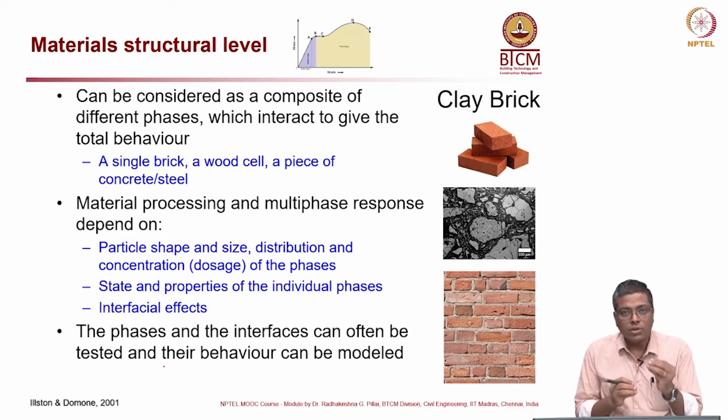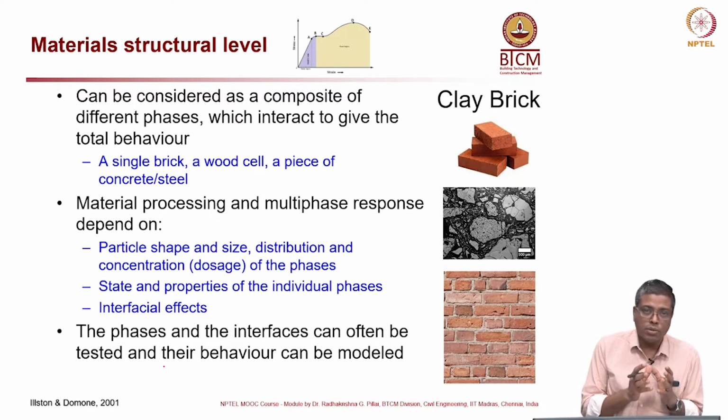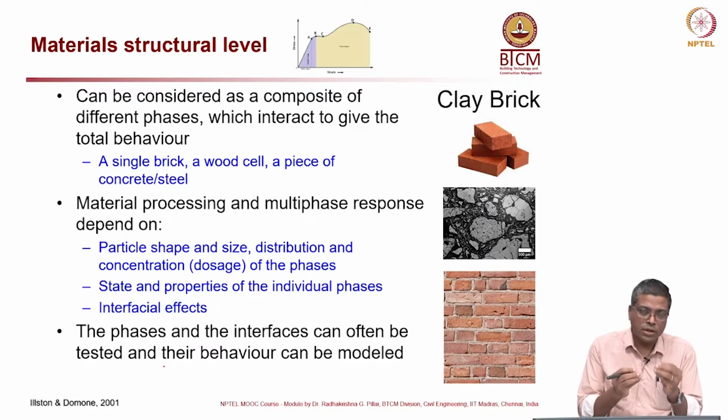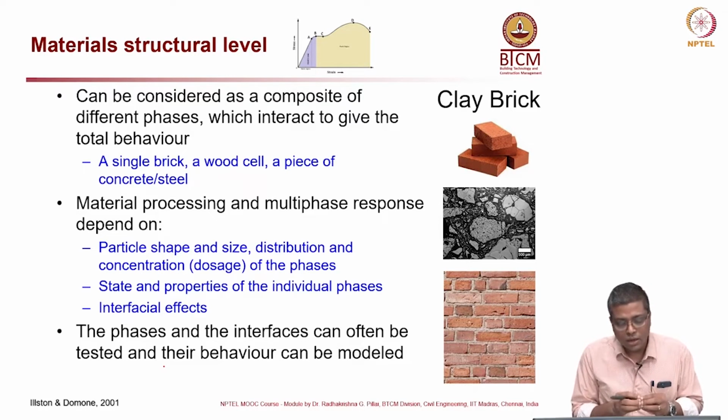When they burn the clay, like you heat it up, a lot of chemical reactions happen, and in the final product, the hardened brick, you can look at how the microstructure is, how the different sand particles or clay particles interact and bind together, all that we can look at.